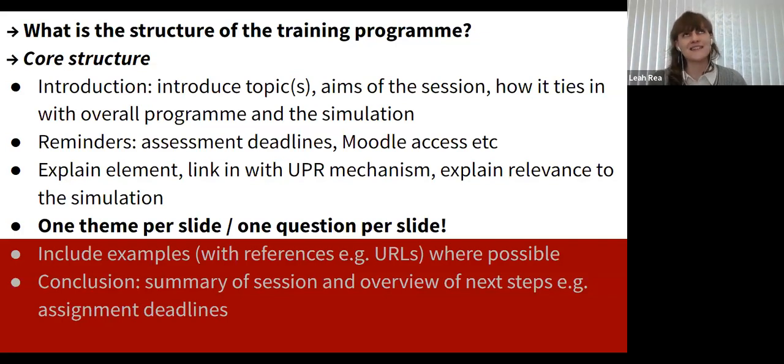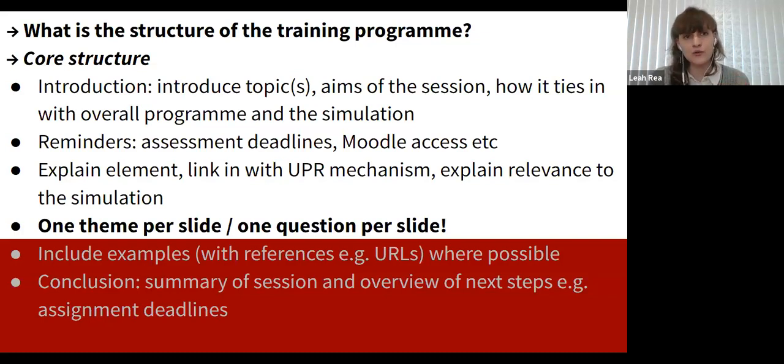And I cannot stress this enough, please only have 1 theme or 1 learning question per slide. It comes back again to accessibility in the structure of your session and wider training program. We really need to avoid information overload, and that means also avoiding word content overload on a PowerPoint presentation slide.